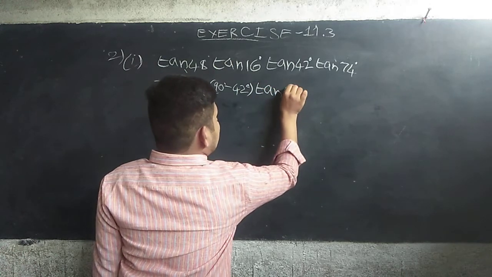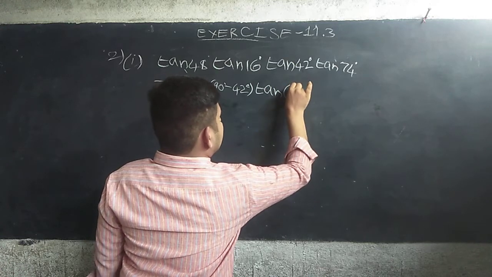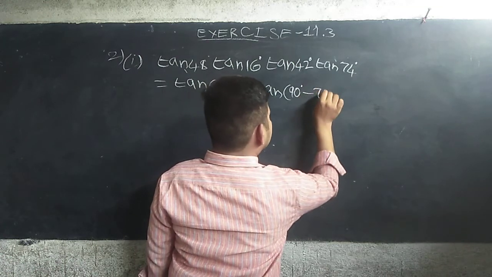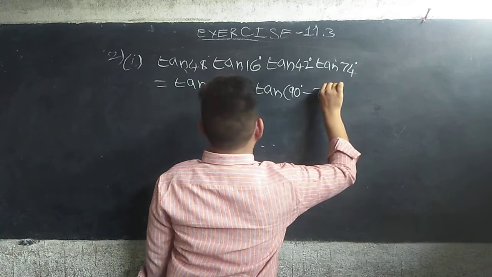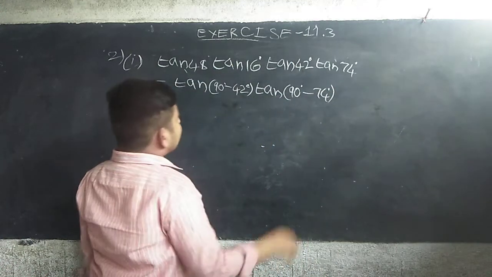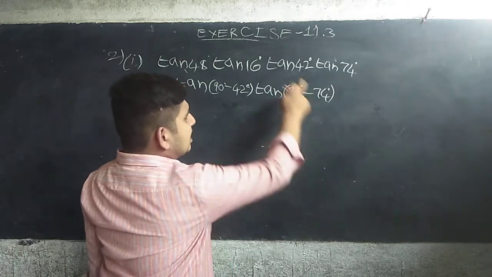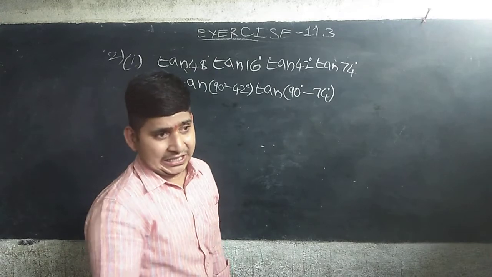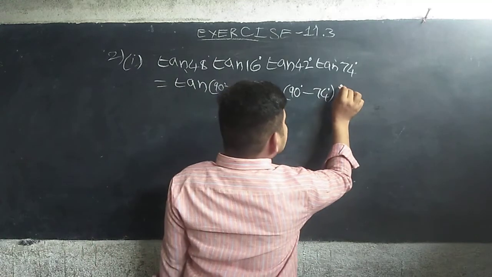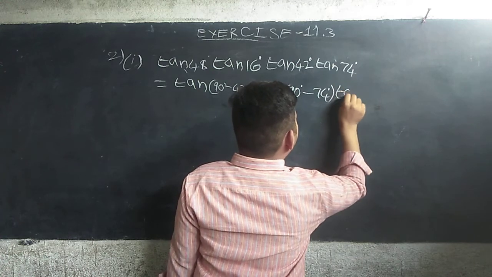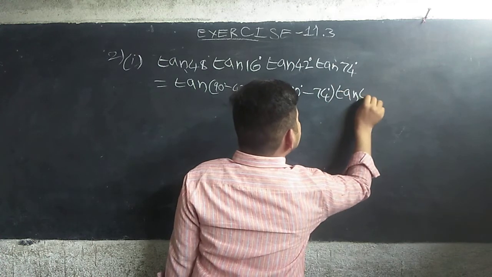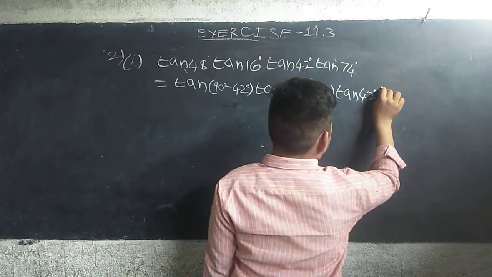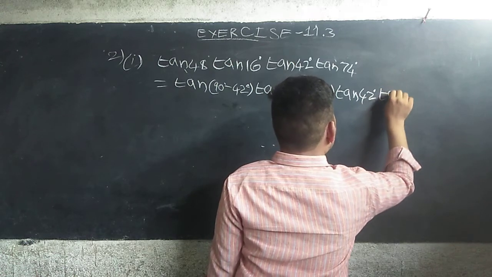Now we changed two angles, so there is no need to change these other two angles. These two angles are as they are. So tan 42 degrees into tan 74 degrees.